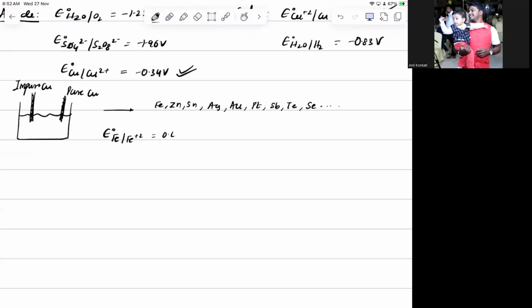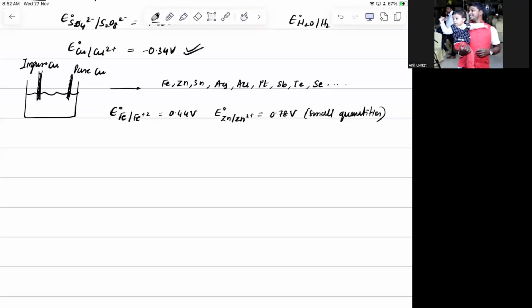Its value is around 0.44 volts, and E naught of zinc to zinc 2 plus is around 0.78 volts. Okay, but these are all in small quantities, right? Clear? So what will they do? They will all get dissolved.